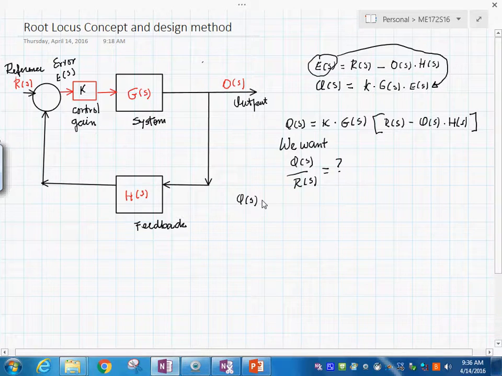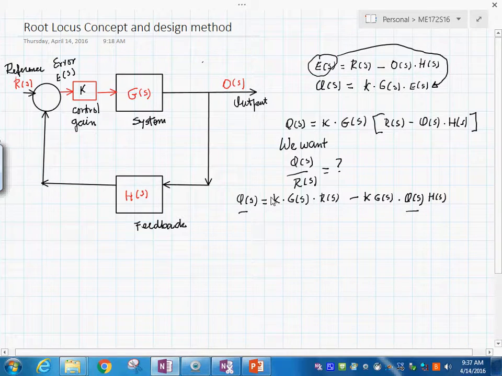So you say the output of S is equal to K times G of S times R of S, yeah, minus K times G of S times the output of S times H of S, right? And then you identify that this term and this term contain the same signal, right?